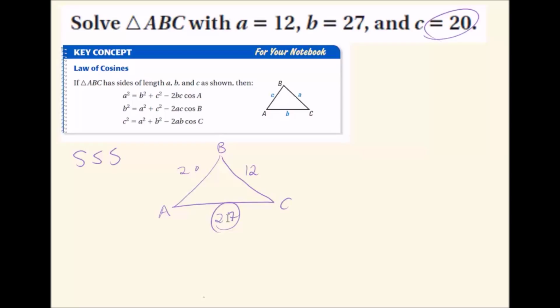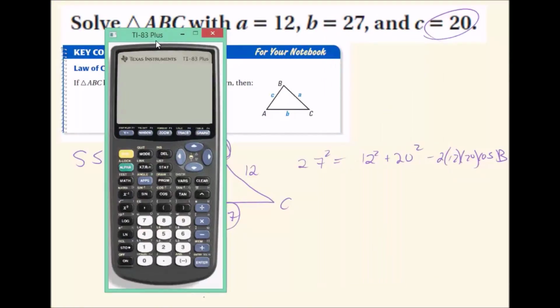So let's go ahead and solve for that longest side first, so the angle across from that, cosine b. So we're going to choose this middle one again, and say 27 squared equals 12 squared plus 20 squared minus 2 times 12 times 20 times cos b. We're going to need to clean some of this up. So 27 squared, find out what that is.